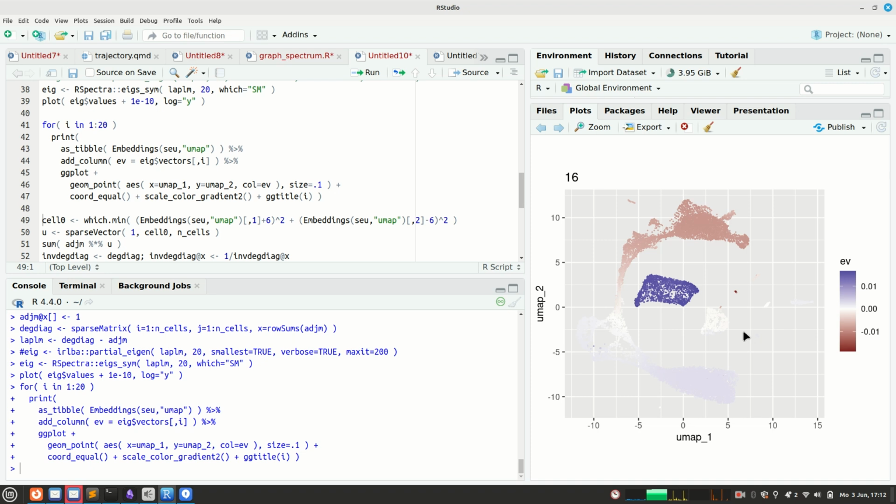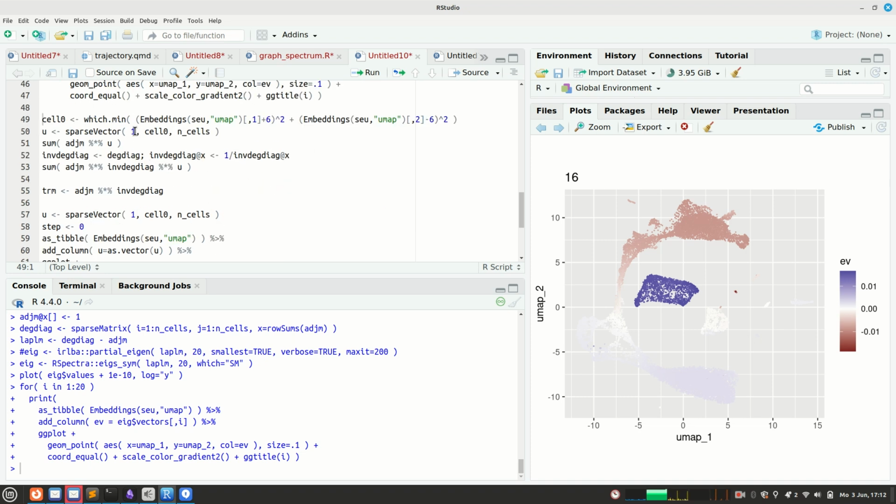And now I want to try how this works. So what I've done, let's see, where have I put this? Okay, I've chosen a cell, and I've decided I want to use this cell here. I've chosen a cell somewhere here in the middle of this area. I wanted to get it somewhere, so I decided I take the cell which is closest to the point -6,6.